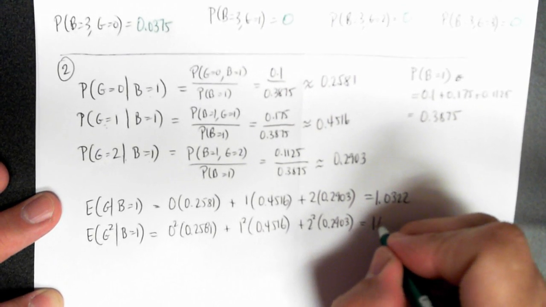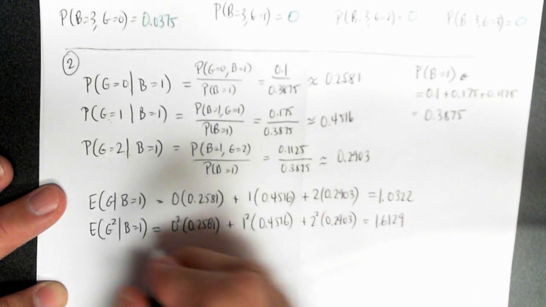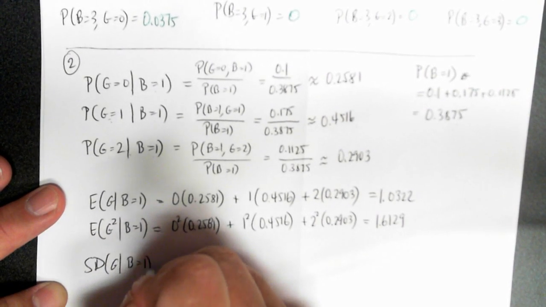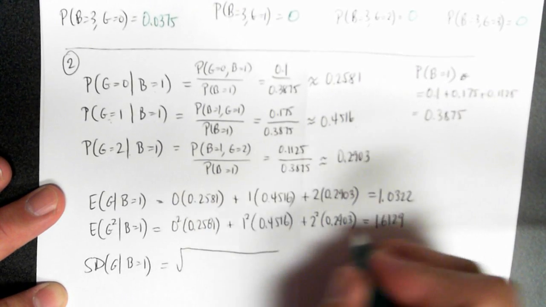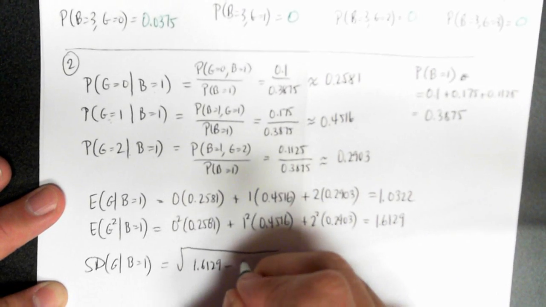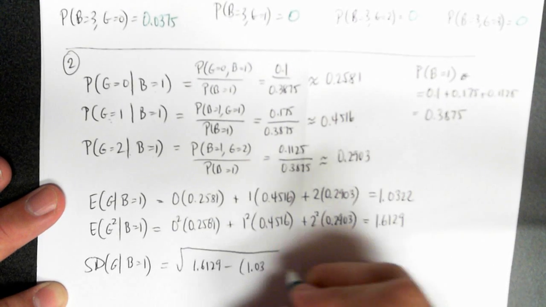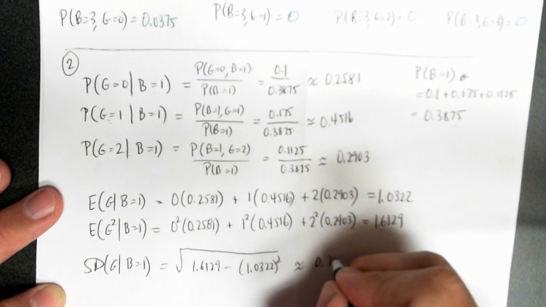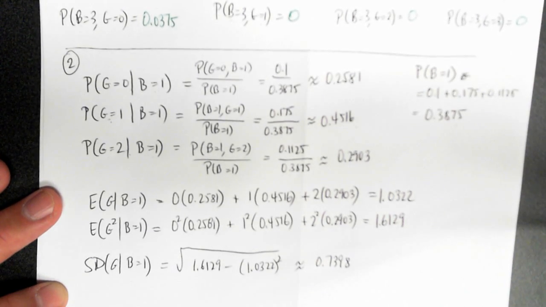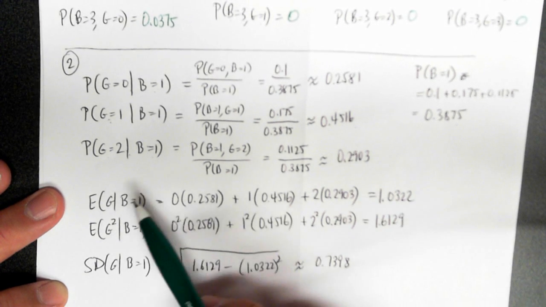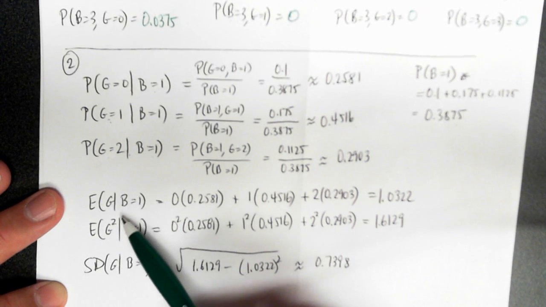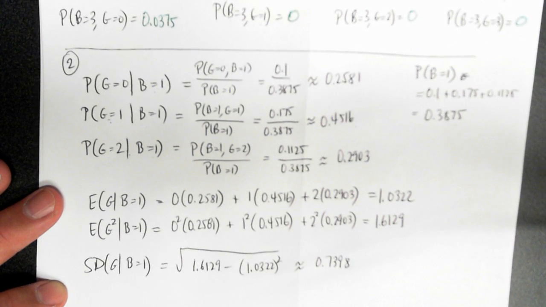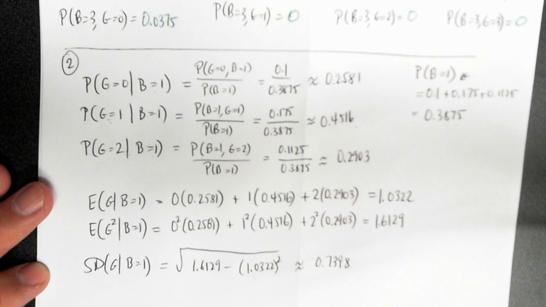Plugging in a calculator, I get 1.6129, and therefore I find that the standard deviation of G, given that B equals 1, is equal to the square root of 1.6129 minus 1.0322 squared, and that works out to be approximately 0.7398. Okay, so I find the expected value and the standard deviation, the conditional expected value and conditional standard deviation, in much the same way that I found the expected value and the standard deviation at the start of the semester.